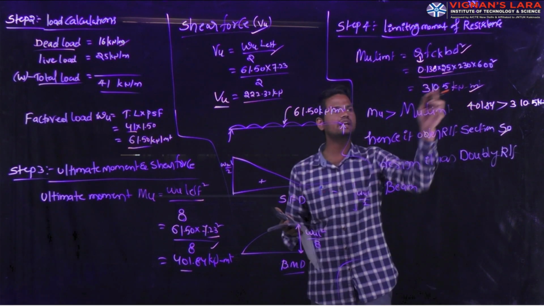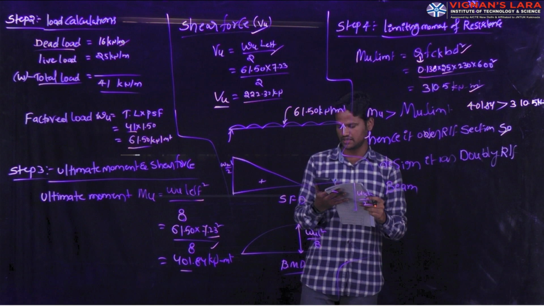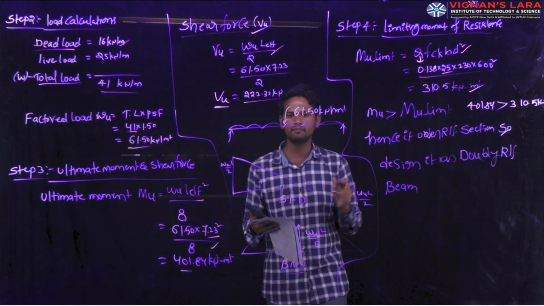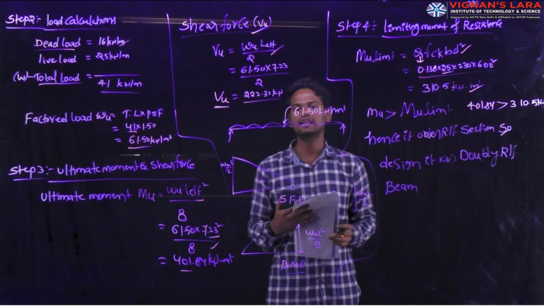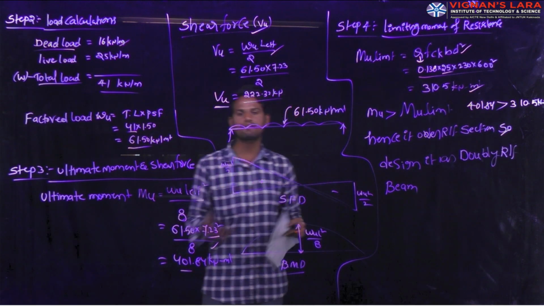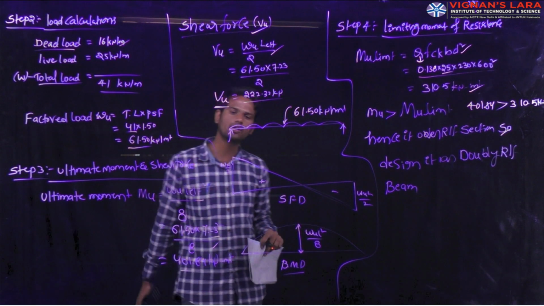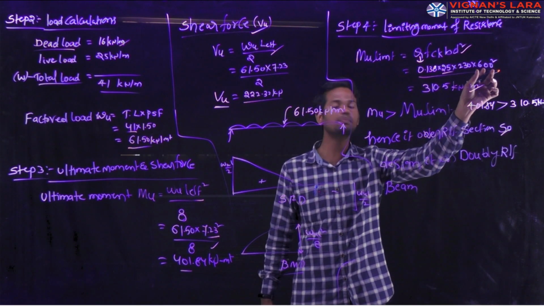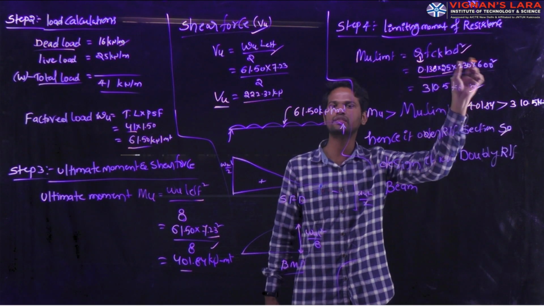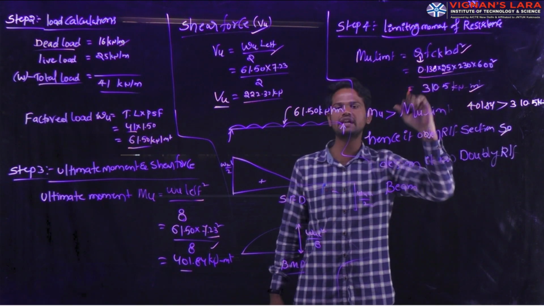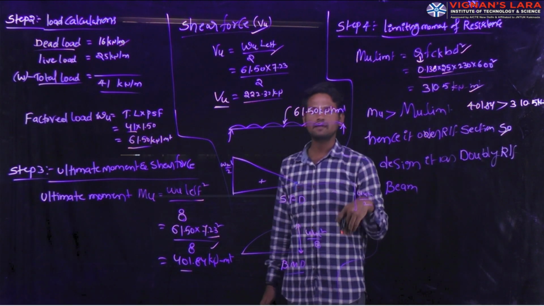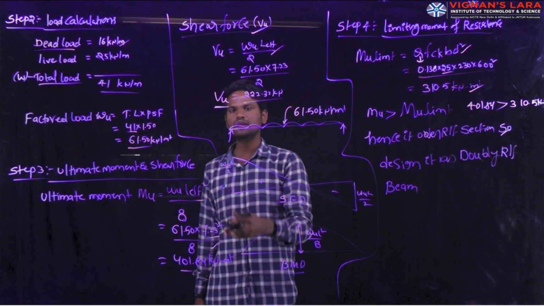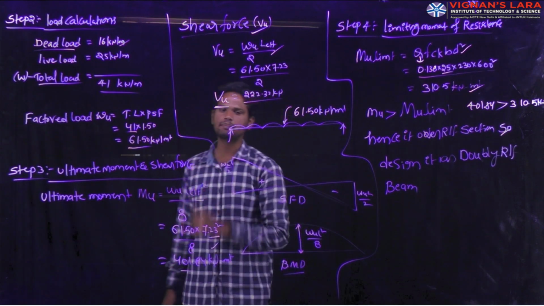If I increase the effective depth of the beam to 1000 mm, 1 meter, the limiting moment I am getting is 793.50 kilonewton meter. If you increase the effective depth from 600 mm to 1000 mm, the limiting moment is going to be almost double, which means the limiting moment is more than the applied moment.